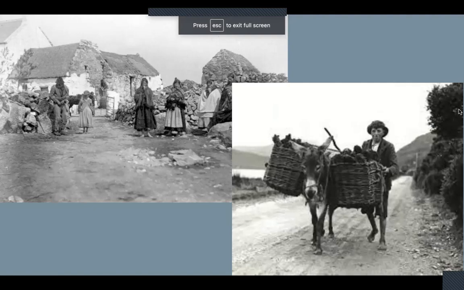Okay, so here we have a couple of pictures of what life was like in the west of Ireland. Now, the picture up in the top left, that is actually from the 1890s. And the picture on the right, the bottom right, this is from the 1930s. Now, is there much difference between the two?